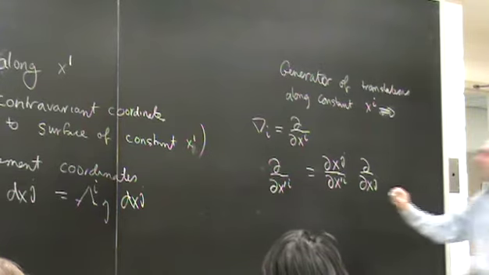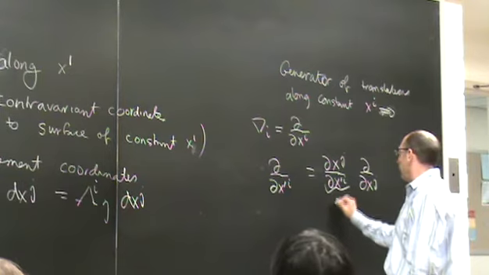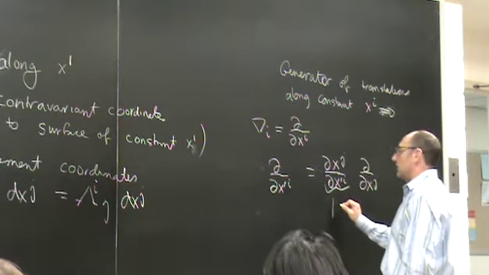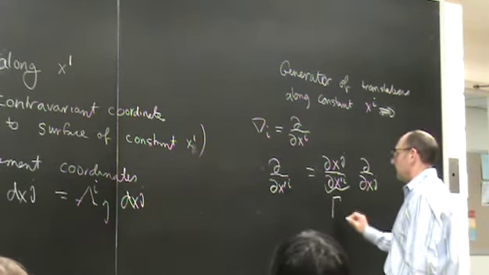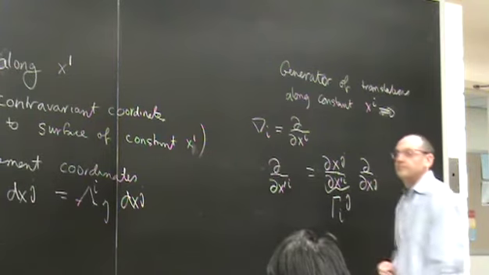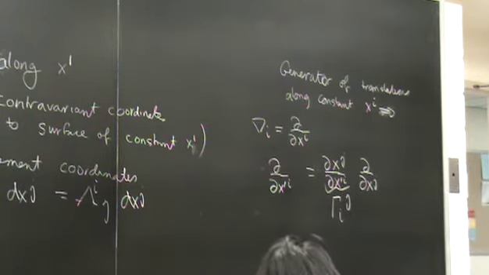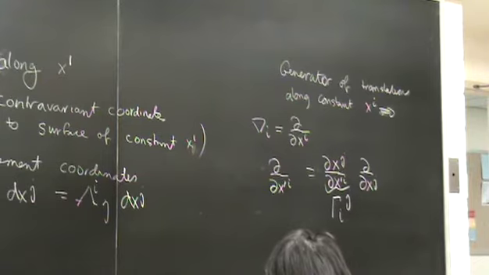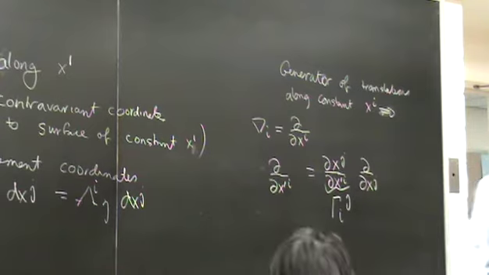And this is what we call gamma ij, the inverse transpose. So what we learn here is why in the world we put upper and lower coordinates on this thing.